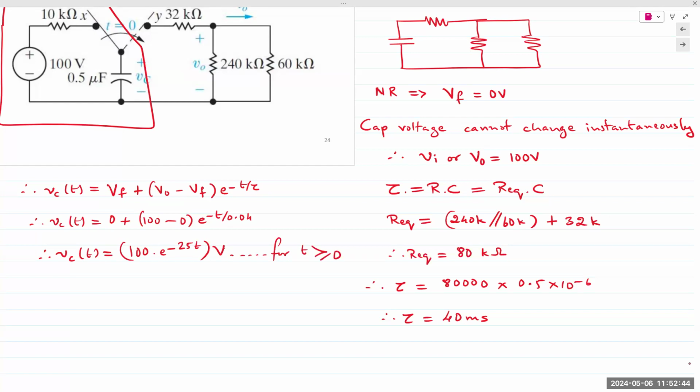So VC of t is 100 into e raised to minus 25t volts. And this expression is valid for all time values t greater than or equal to 0. Write it down, think over it. Let me know if you have any questions.